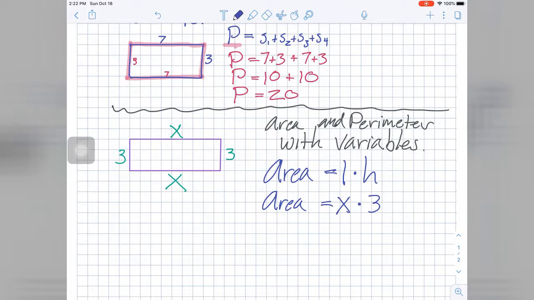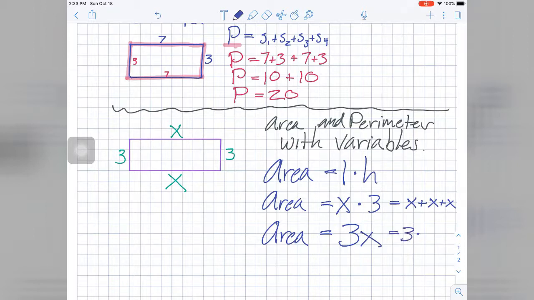When you watch the Math Antics video about how to write things with variables, we're going to say that the area is equal to, that x times 3 means 3 x's. It means x plus x plus x. And so that's 3 x's. The way we write that is 3x.